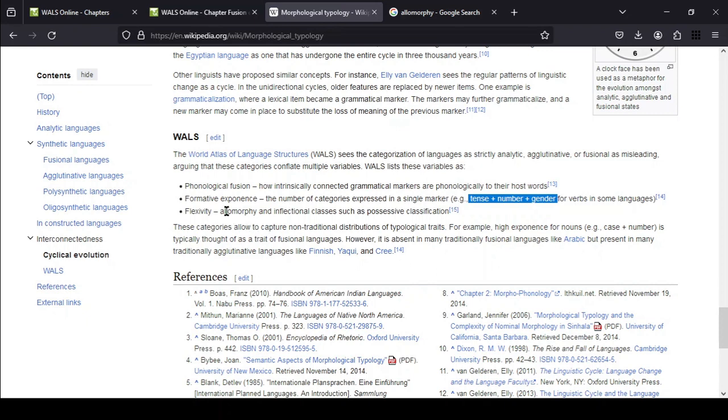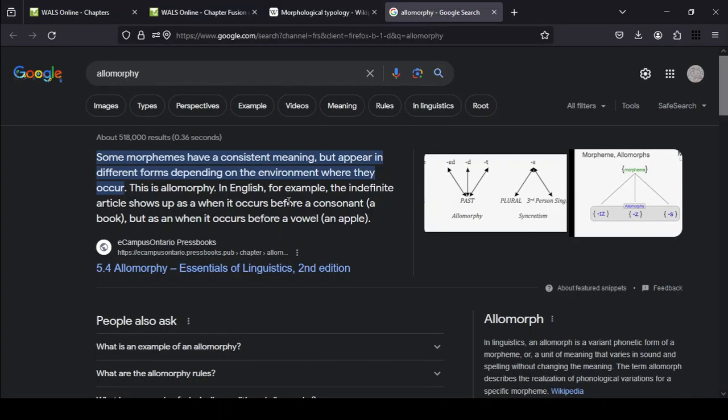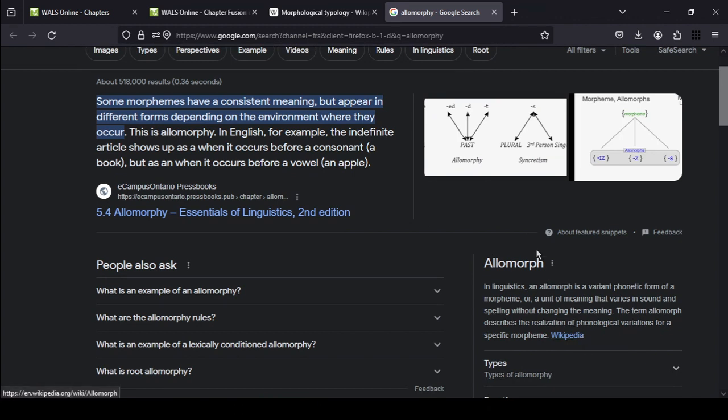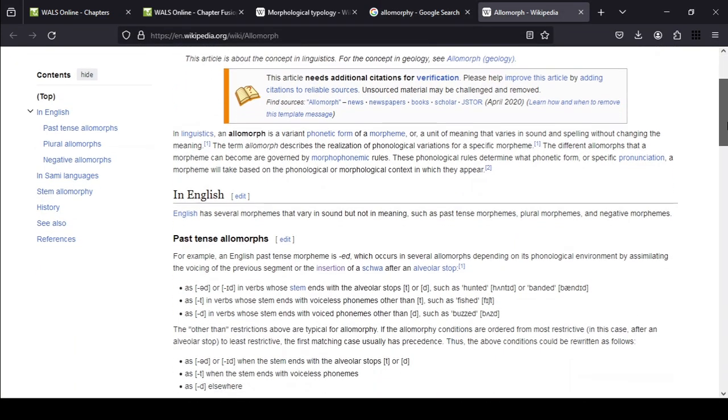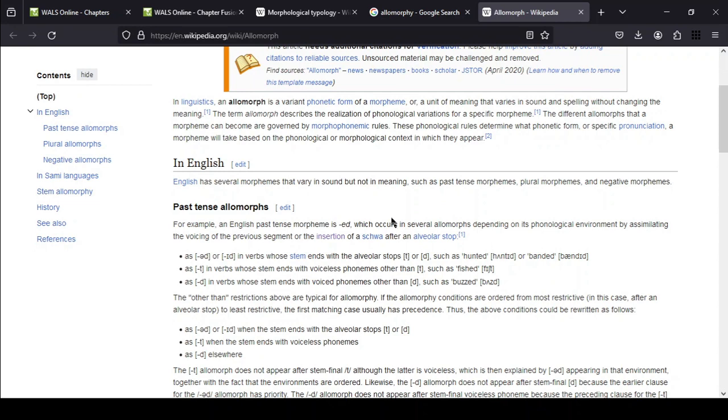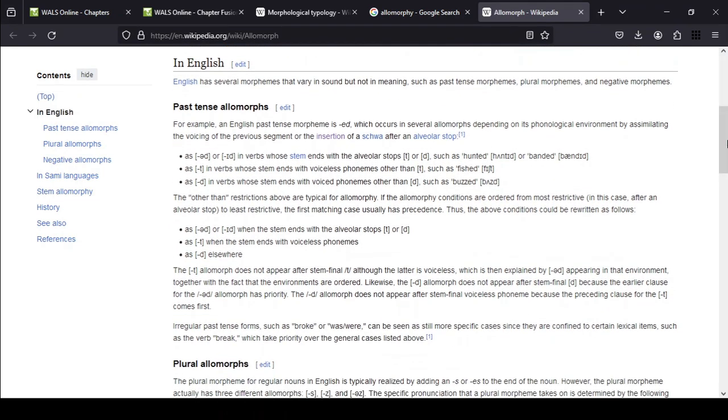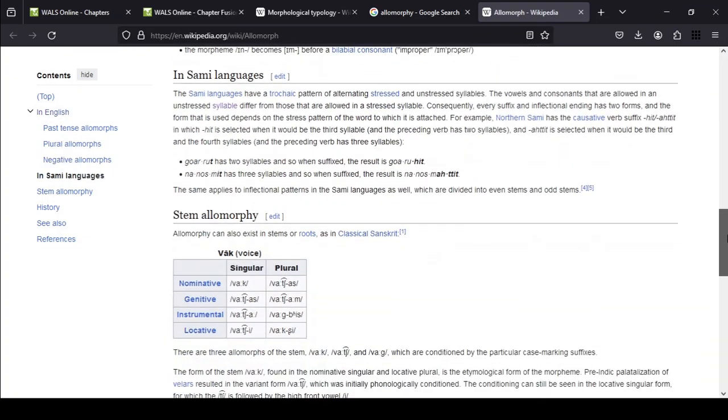Flexivity: allomorphy and inflectional classes such as possessive classification. I still don't really get this. Allomorphy: some morphemes have a consistent meaning but appear in different forms depending on the environment. Oh, okay. An allomorph is when something changes pronunciation depending on the context.